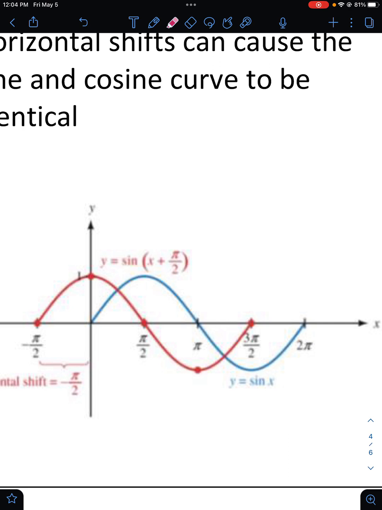So because of that, for a certain situation, like when you get into word problems later in your independent practice and through the unit, when we're seeing applications of these, it's always possible to write a function to model a scenario in both sine and cosine. Your horizontal shift will just be different for each of them.